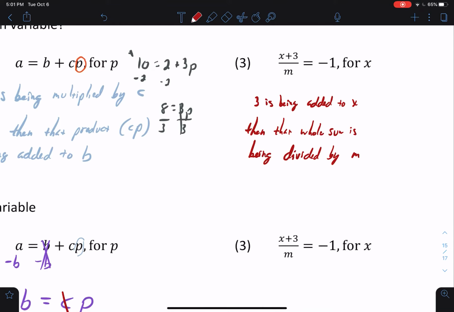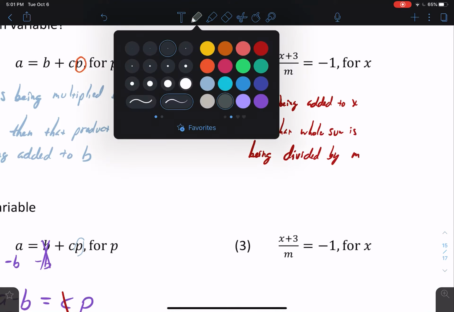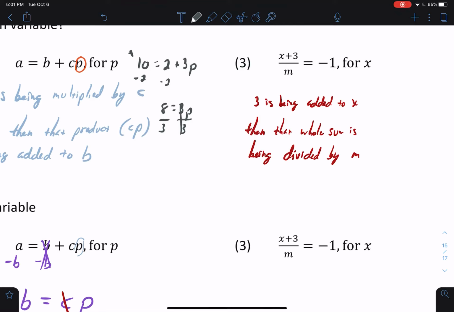So let's create a similar problem that looks more like what we've been dealing with. We're trying to solve for x. So I'm just going to rewrite this as x plus 3 over, make up a number, I'm going to call it 2, equals -1. I'm just plugging in numbers for the other variables.